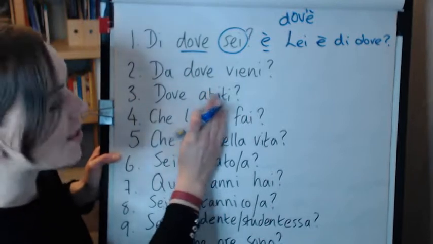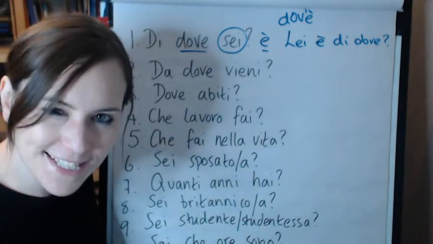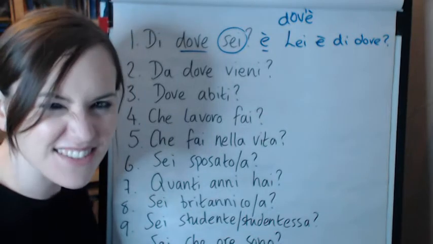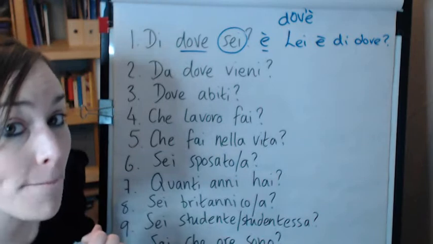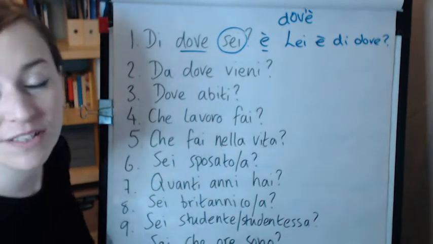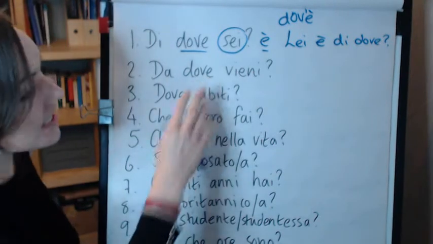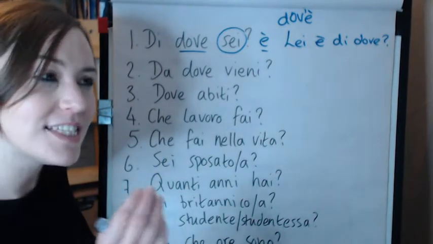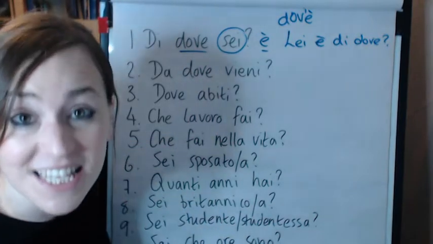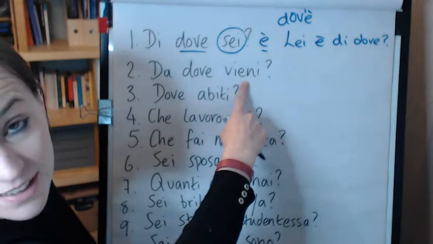Da dove vieni? How is that different from the one above? It's kind of the same meaning. Di dove sei? Where are you from? Are you, being from the verb to be, essere. Here, where do you come from? So it's the verb to come, venire, in the second person singular.